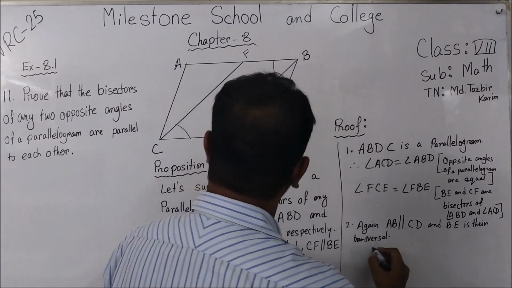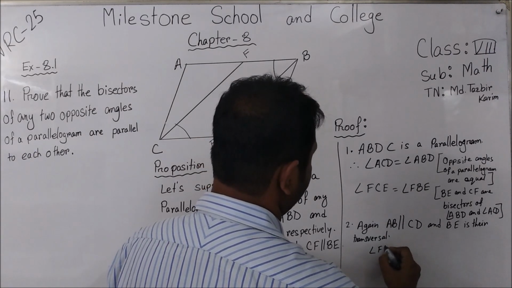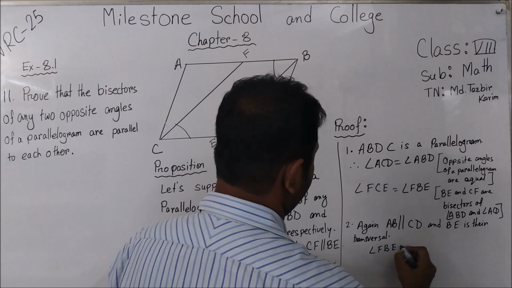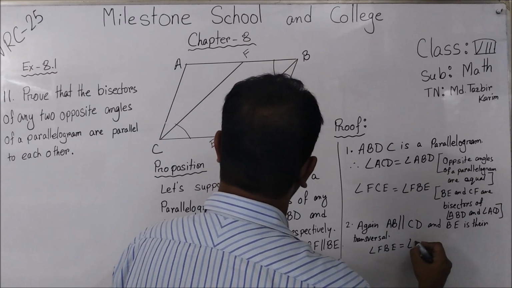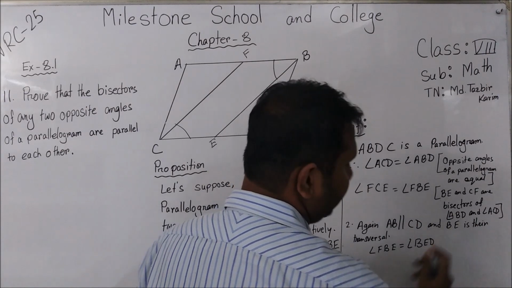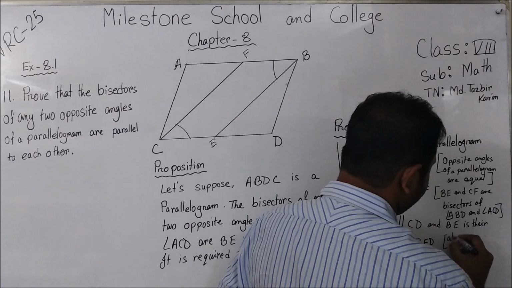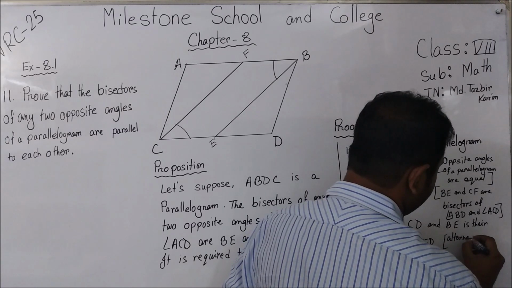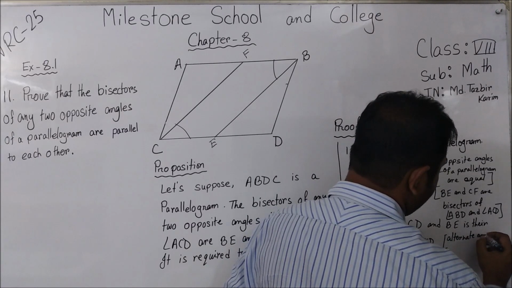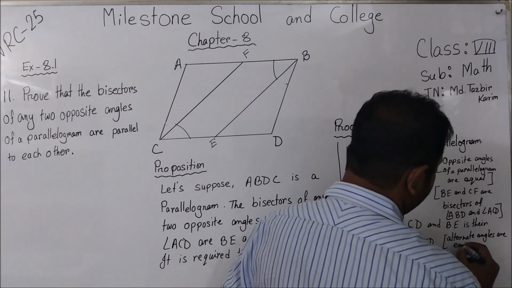So we can say angle FBE equals angle BED, because alternate angles are equal.